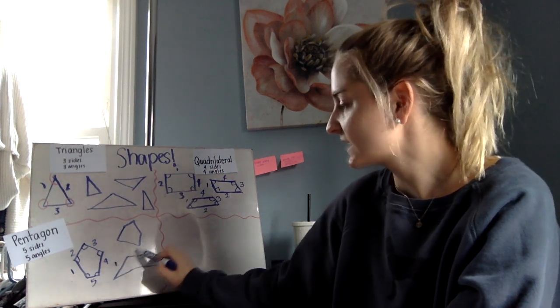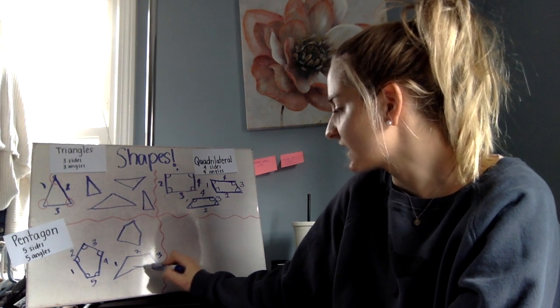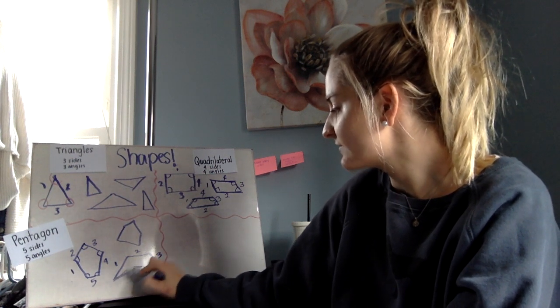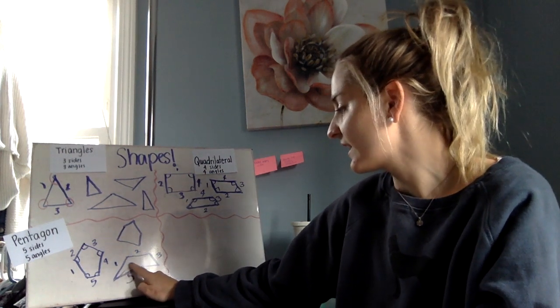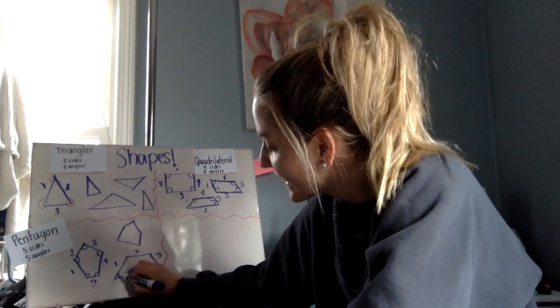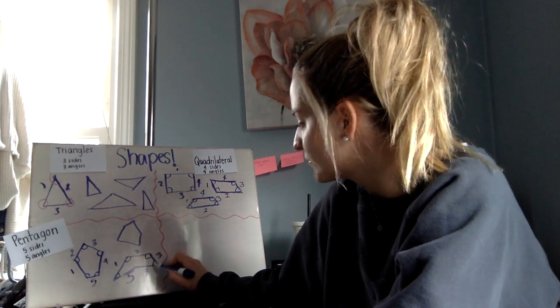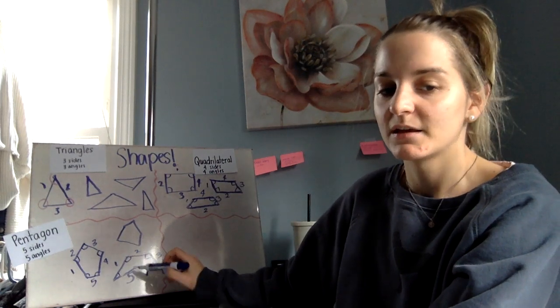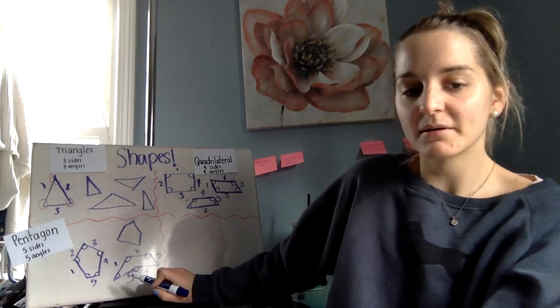Let's count. 1 side, 2 sides, 3 sides, 4 sides, and 5 sides. Sorry, that one got a little mixed up. And then, let's count the angles. 1 angle, 2 angles, 3 angles, 4 angles, and this one's a little bit tricky, but this angle is right here on the outside. You don't have to worry about that, okay?